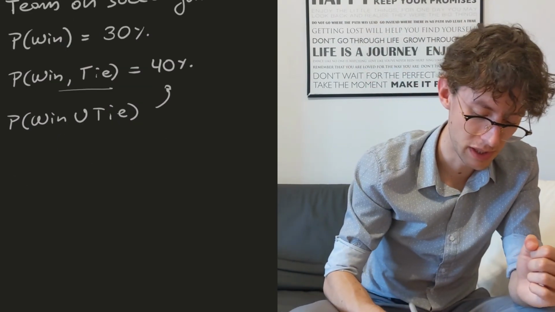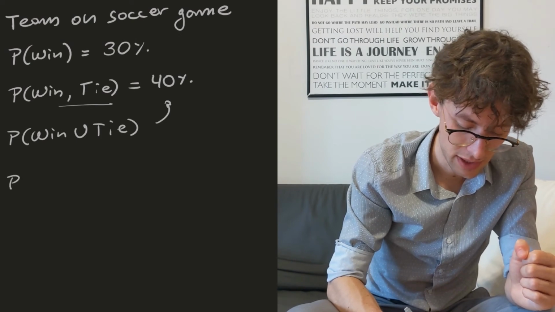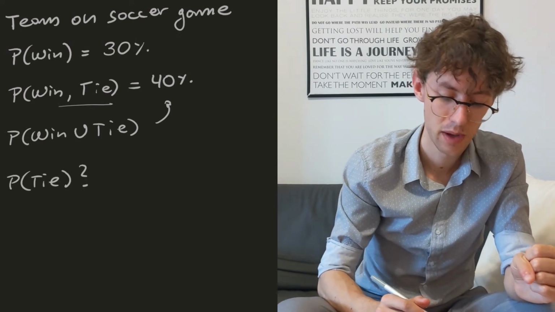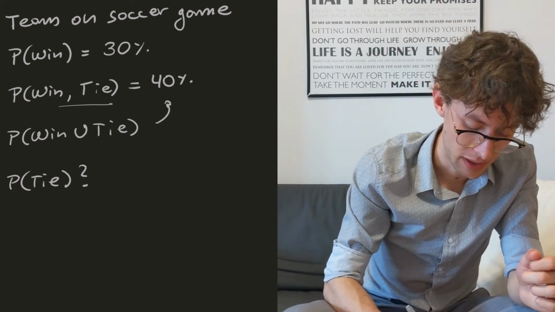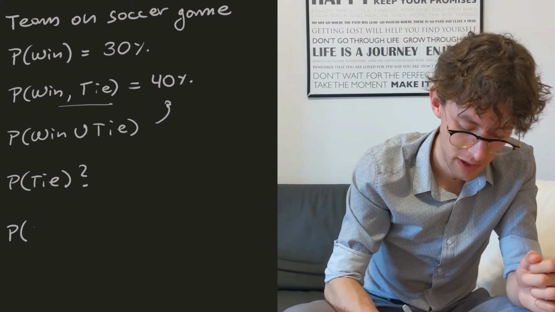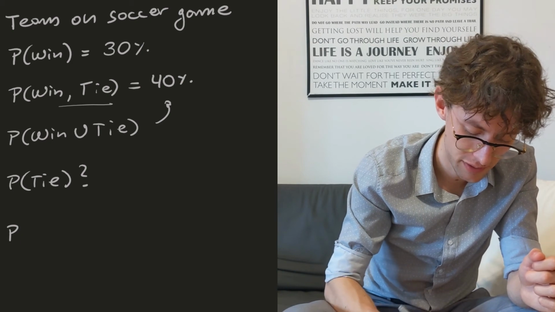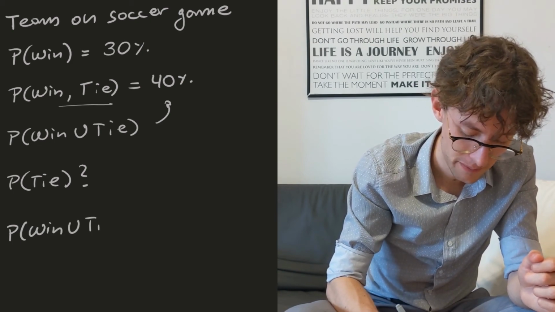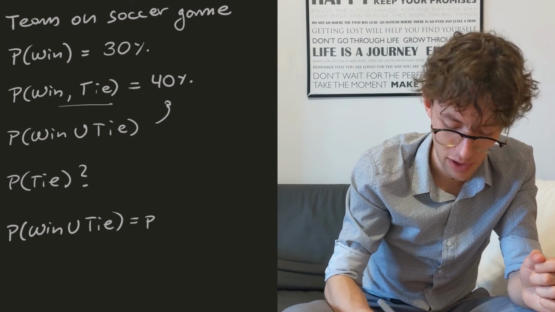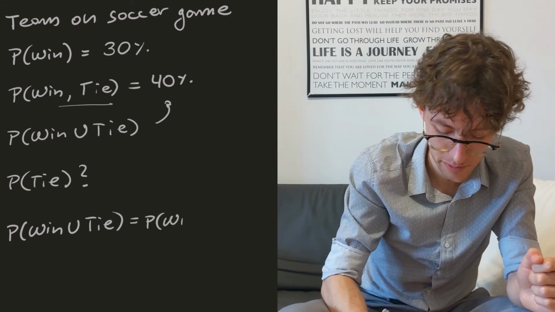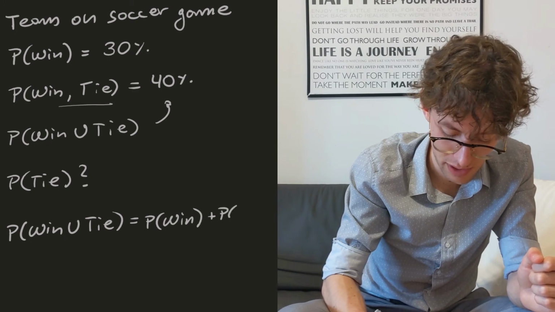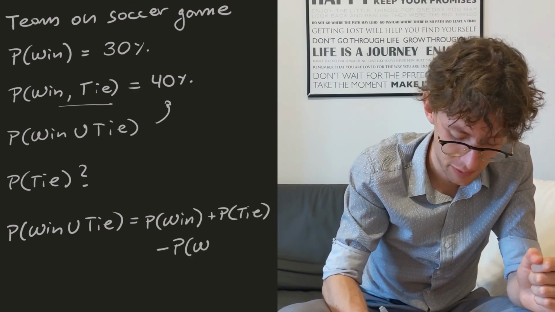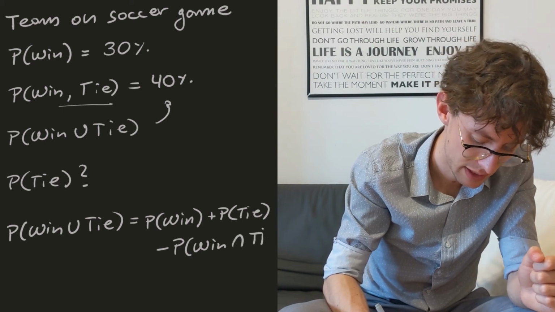What is the probability, knowing all of these numbers, what is the probability of a tie? Well, again, the probability of win union tie is equal to the probability of win plus the probability of tie minus the probability of win intersect tie.